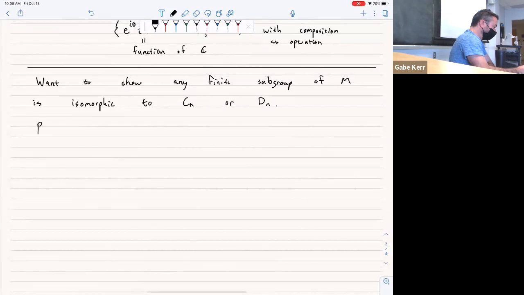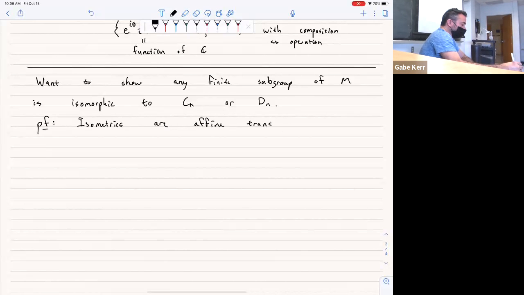So what's the proof of this? Well, the proof follows from the fact that M consists of what are called affine transformations. So elements of M, isometries, are affine transformations.